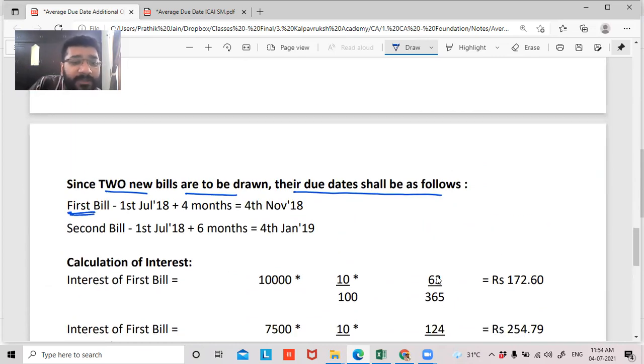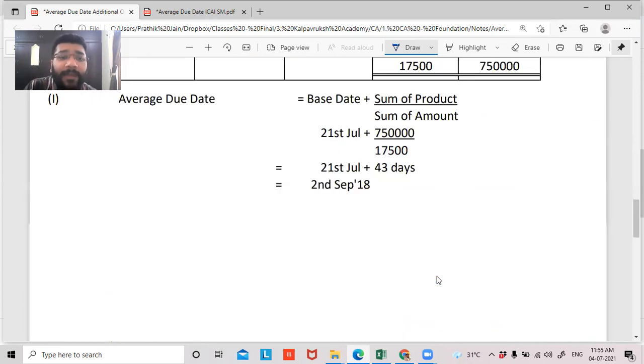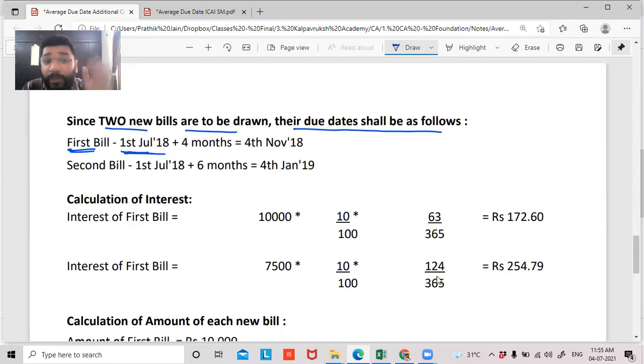One bill is for 10,000 rupees, which is due within 4 months, so 1st July plus 4 months. The second bill is also drawn on 1st July, plus 6 months. I'm calculating the due date on which the payment is actually going to happen.